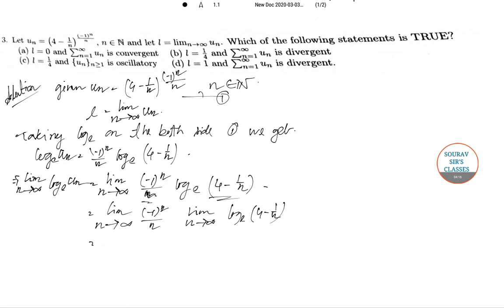And we know that the first one is 0 because limit n tends to infinity of 1 by n is 0, and limit n tends to infinity of log base e (4 minus 1 by n) is nothing but log base e 4. So the product is 0.